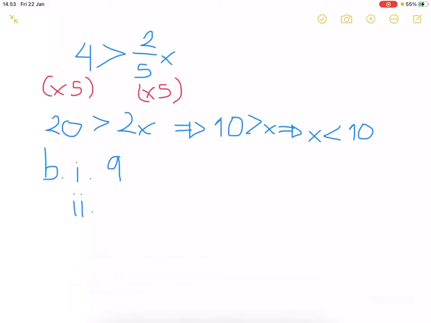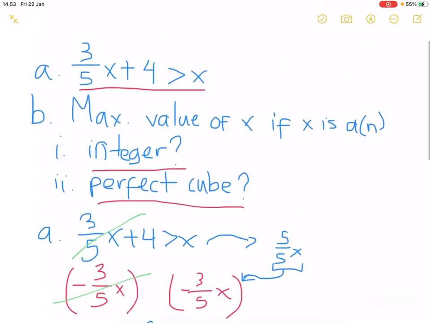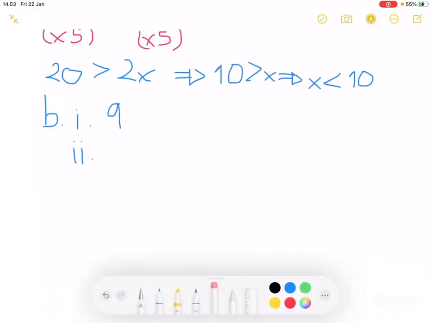Next part, we're going to look at the maximum value of x if x is a perfect cube. And what I mean by perfect cube is a number that can be expressed as n to the third power, or n cubed, something like that. First, I'm just going to rewrite the sequence of perfect cubes. So 1 cubed, which is just positive 1, 2 cubed, which is positive 8, 3 cubed is 27, 4 cubed is 64, and so on.